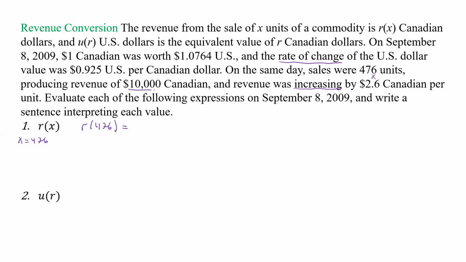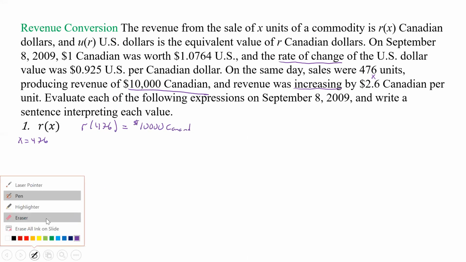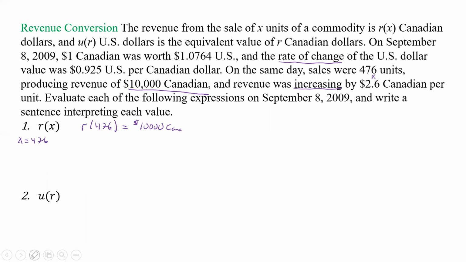Here it is, 10,000 Canadian. And so R(476) is $10,000 Canadian.